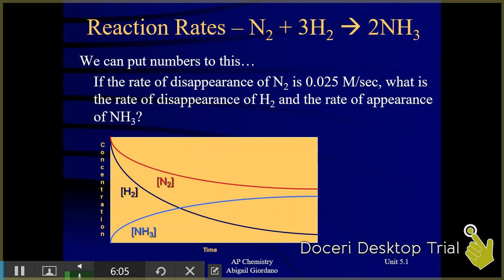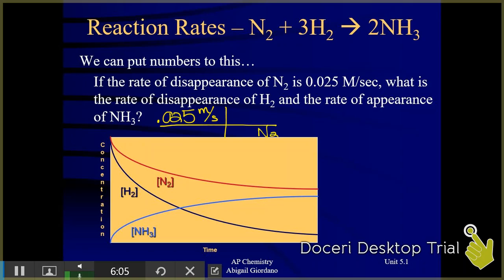Okay. 0.025, and that's molarity per second. And guys, all I have to do is use those molar ratios. That given number, 0.025, corresponds to nitrogen.